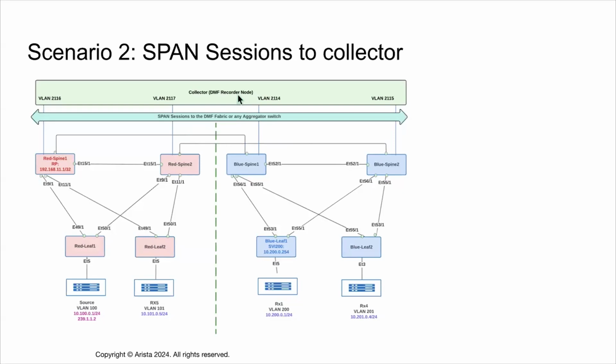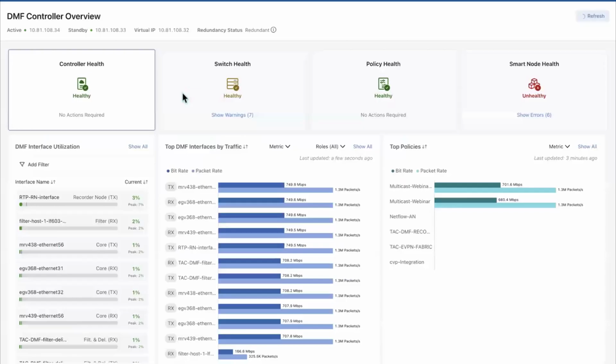That being said, honestly, you can use any device here that you have already deployed, if it gets you the same results. So let's go on to my DMF GUI so we can go ahead and capture our packets.